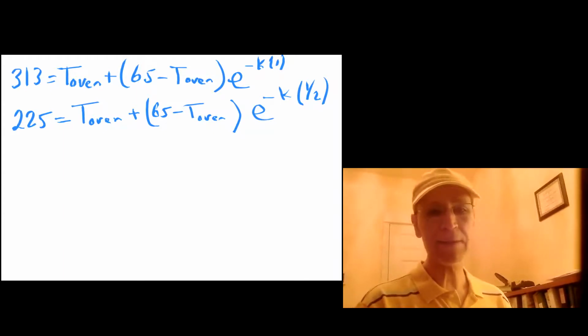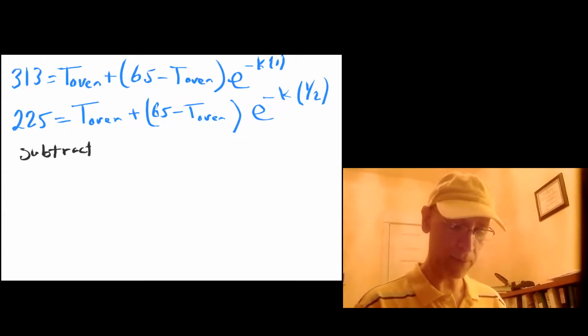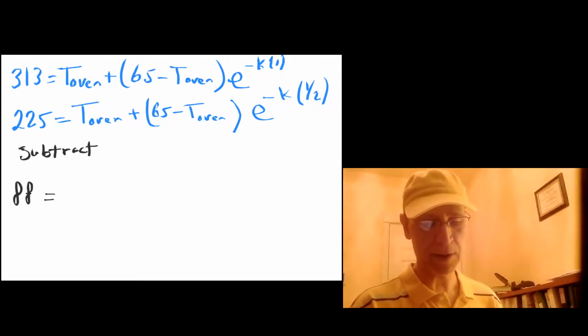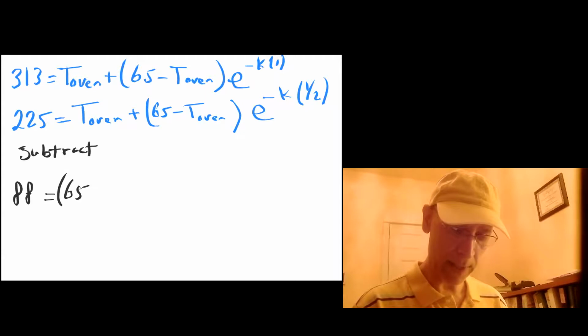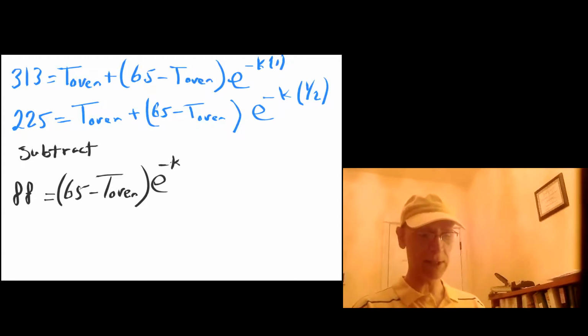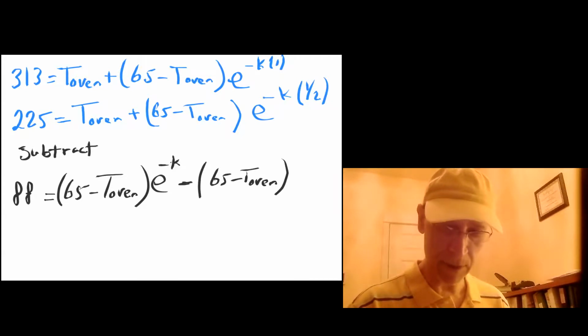So if we subtract the second equation from the first one, we get 88 equals temperature of oven minus temperature of oven, which is 0. So I get 65 minus T of oven times e to the minus k, 1 times k is just k, minus 65 minus temperature of oven times e to the minus 0.5 k.